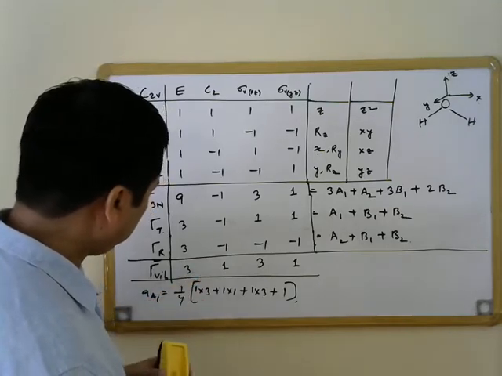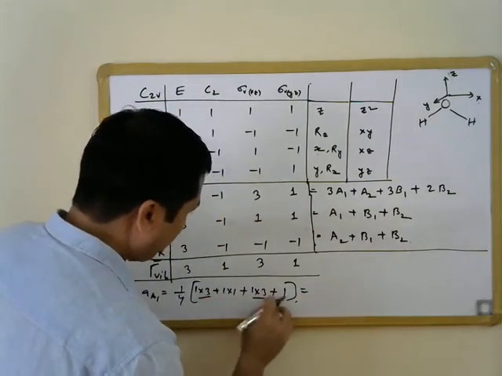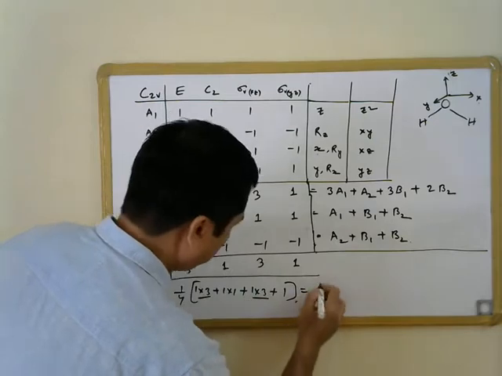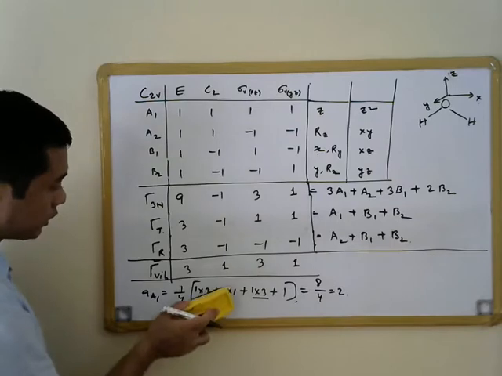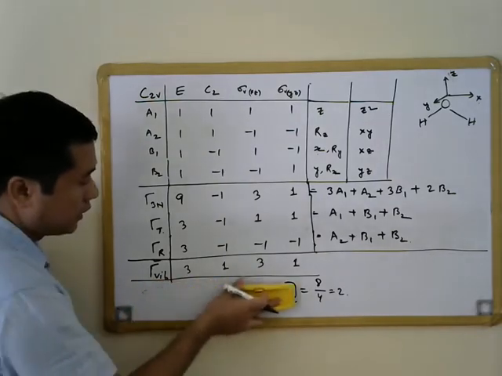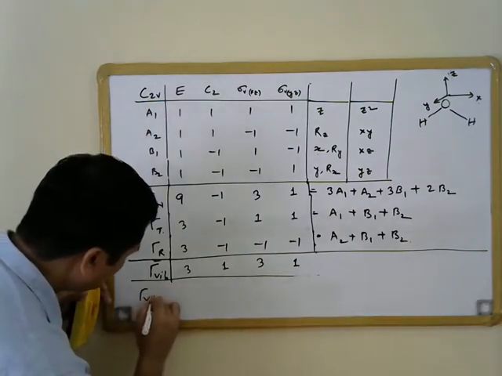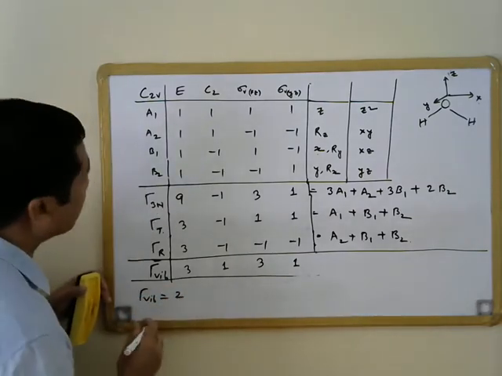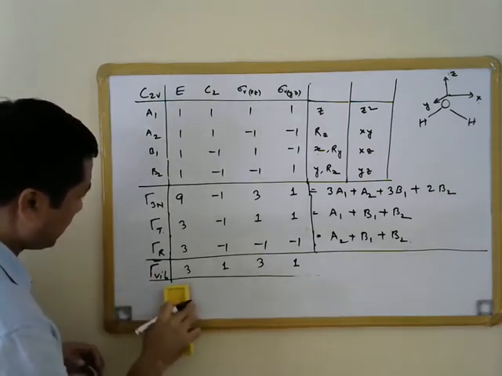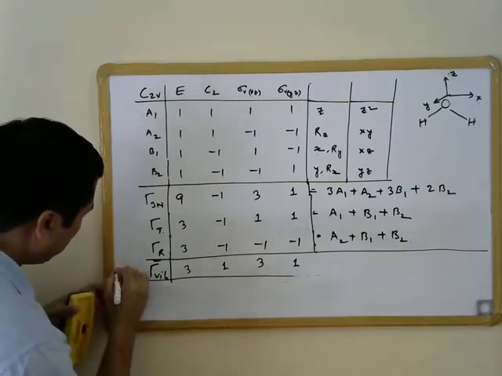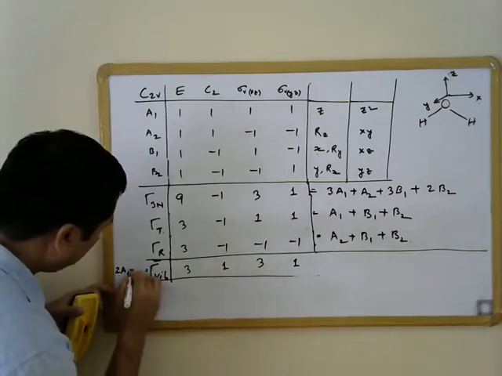So this is going to be equal to 3 plus 3 plus 2, which is 8 by 4. So 2. So A1 appears 2 times in this reducible representation gamma vibrational. Let's write here 2 A1.